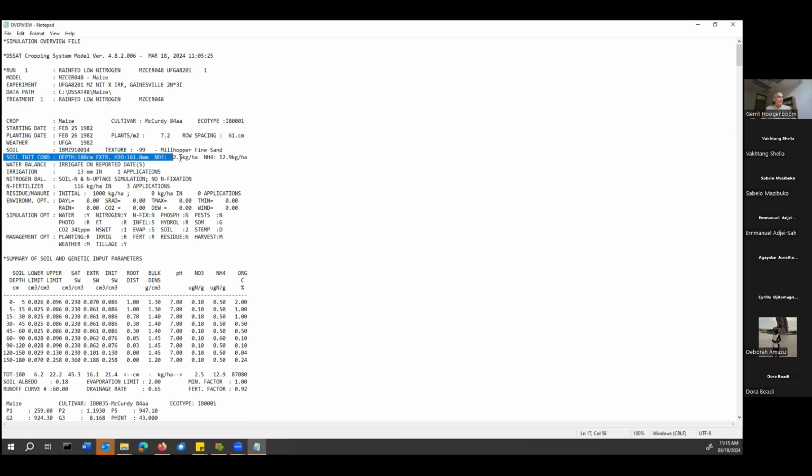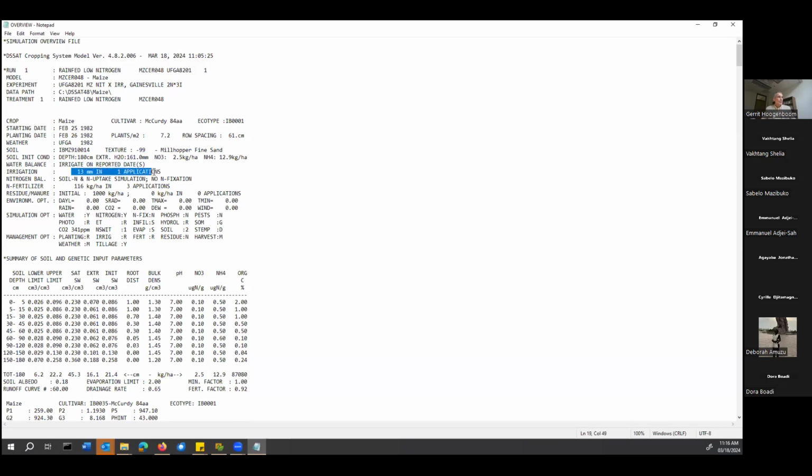As I mentioned earlier, based on one of the questions, initial conditions, boundary conditions are very important. So we assume that the total amount of 161 millimeters of water was available in the profile when we started our simulation, 2.5 kilograms of nitrogen in the form of nitrate, and 12.9 kilograms for ammonia.